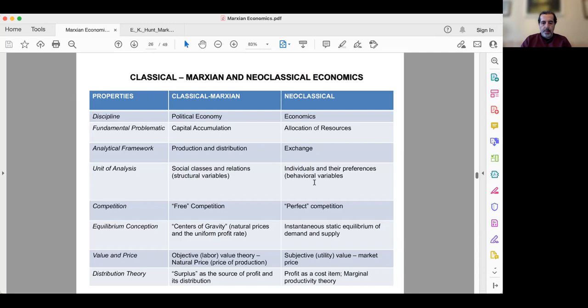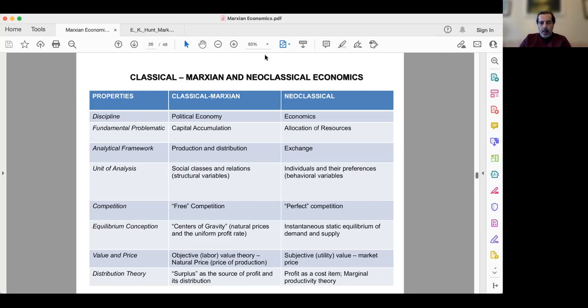So from the very beginning, political economy is about distribution of income, distribution, production, and capital accumulation. And the basic analytical unit is not the individual, as in neoclassical economics, but the social classes. So distribution of income among the social classes, as Ricardo said, is the basic distinguishing characteristic of the classical political economy.